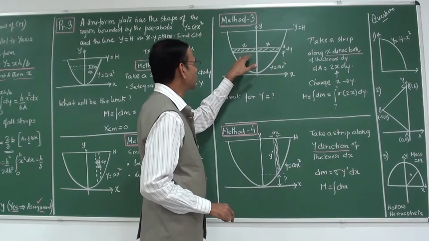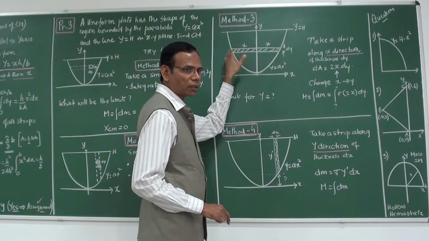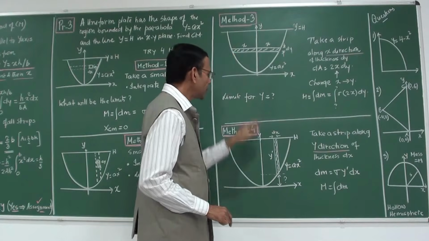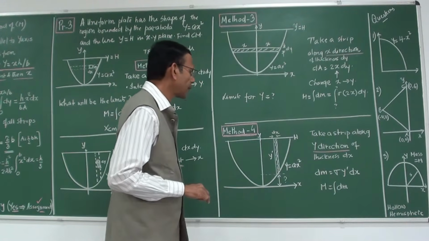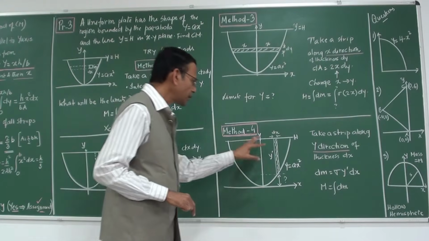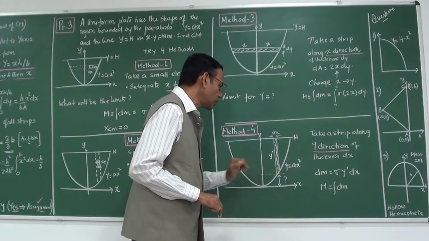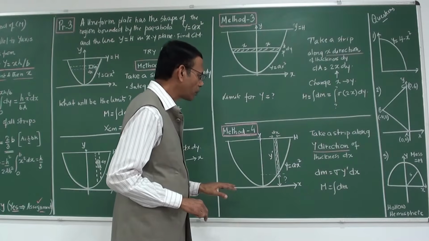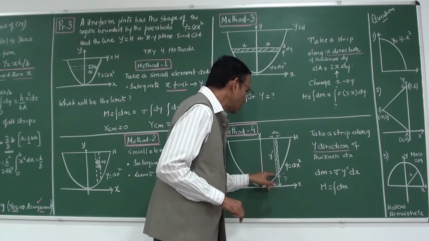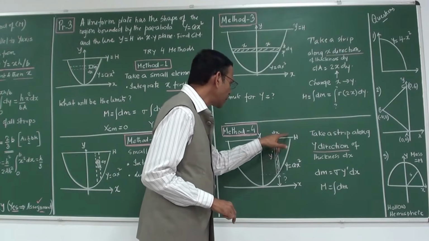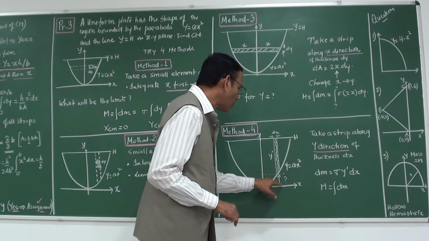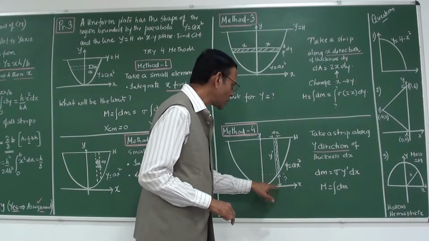Here the case was different, the y of the strip was not changing, it was constant. Here the y is changing, so it doesn't make sense. Still, you can write it mathematically. M anyway you can calculate. And how will you calculate m? This is the length y prime, and y prime is h minus this distance. So what is this distance?